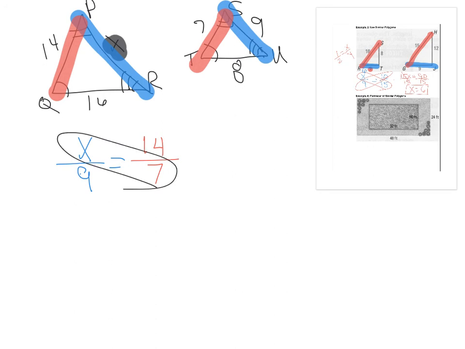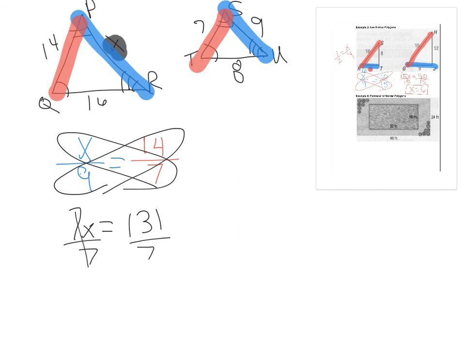Always deal with the variable first, so I'm going to have 7 times x, which is 7x. 9 times 14, so that's going to be 131, unless I did that incredibly wrong in my head. Divided by 7. Oh, hold on. They're saying that's 126.